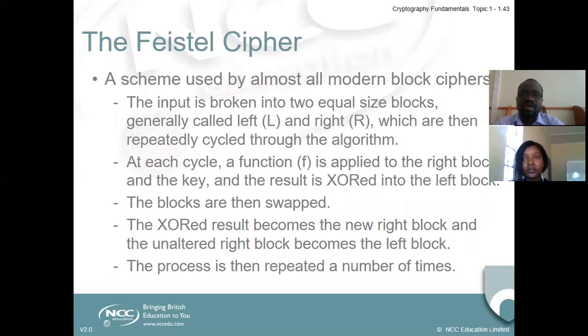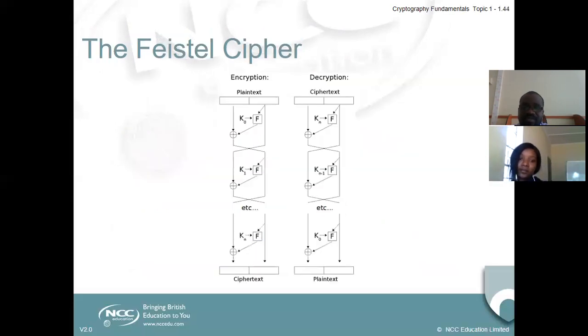At each cycle, a function f is applied to the right block and the key, and the result is exclusive-ORed into the left block, then the blocks are swapped. The exclusive-OR result becomes the new right block, and the altered right block becomes the left block. The process is then repeated a number of times, until you have achieved what you want.